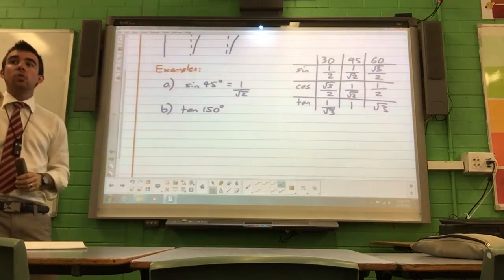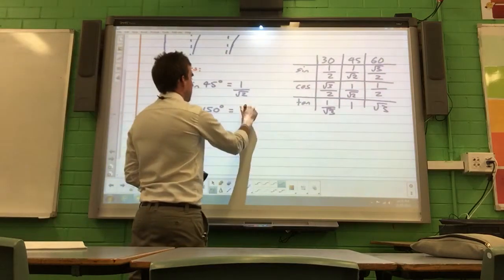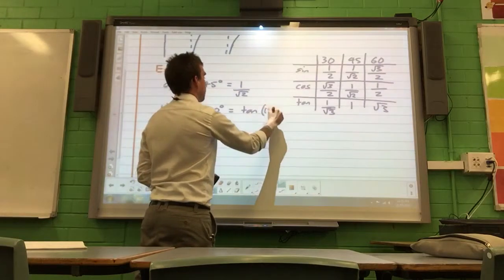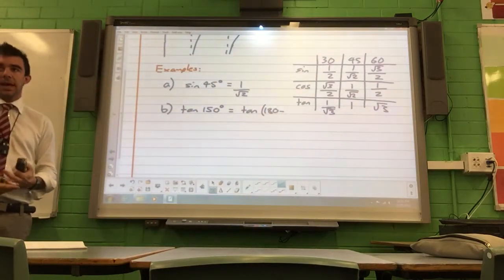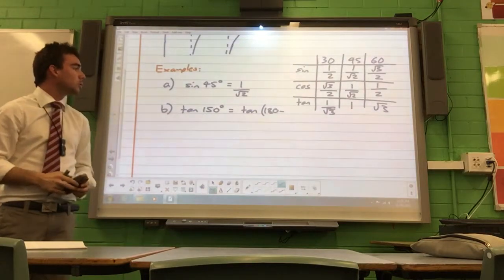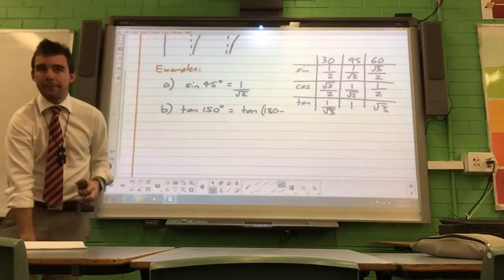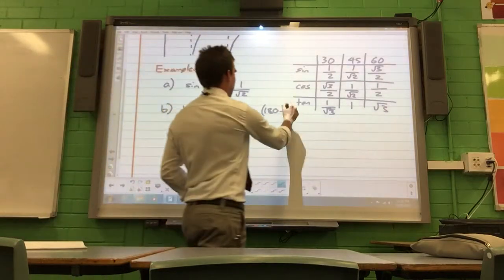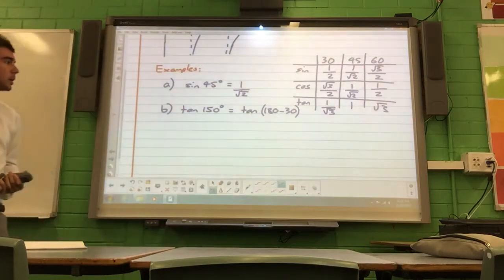So a general angle theta, like we did last lesson, is going to be 180 take away that value theta. We need to take away a number from 180 that gives us 150. So we've got 30. So tan of 150 is equivalent to tan of 180 take away 30.